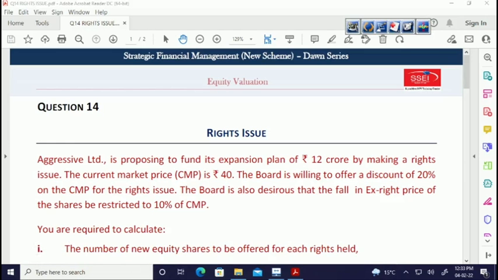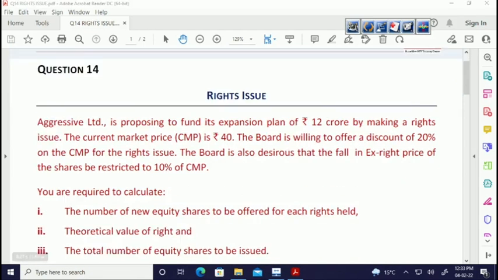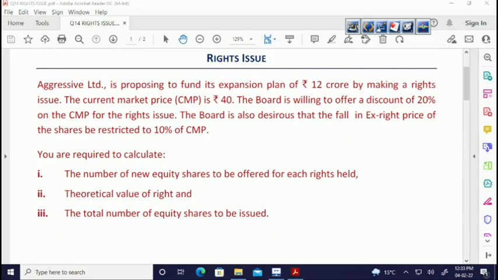Let's get to the question. Aggressive Limited is proposing to fund its expansion plan of 12 crores by making a rights issue. So they are going to require 12 crores for expansion. Current market price is 40. Board is willing to offer a discount of 20% on the current market price for the rights issue.